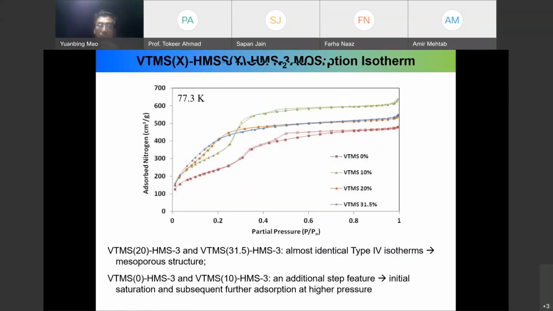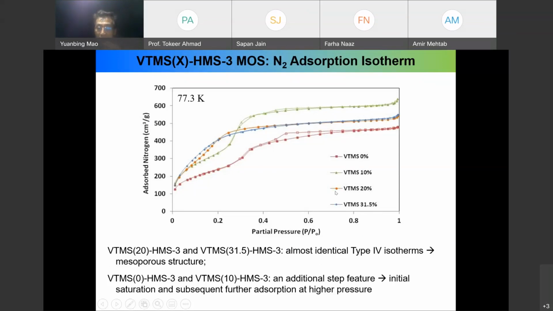But most importantly, we need to take the nitrogen adsorption isotherms. So you can see these different samples, actually these shapes are different, right? There are a couple of things. For these two samples, with 20% and 31% of VTMS, we have almost identical type 4 isotherms.